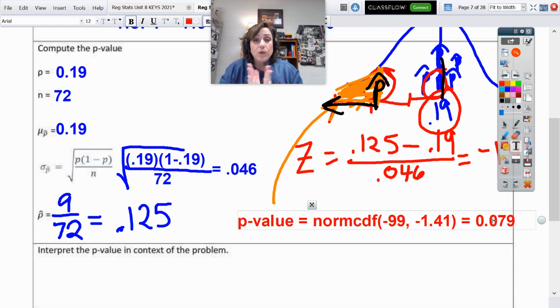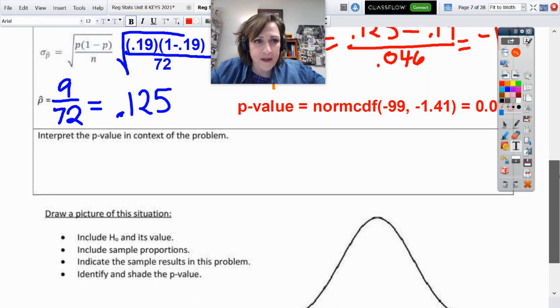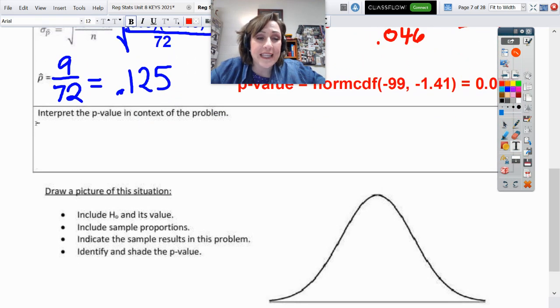Remember last unit when I asked you to find probability, problem after problem after problem, find the probability of this, find the probability of that? You were finding the p-value, the probability of getting that sample or something more extreme if the null is true. Okay, so here we go. Here's the ultimate lesson for today: interpret in context the p-value.